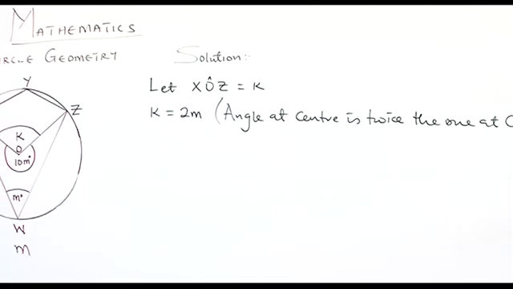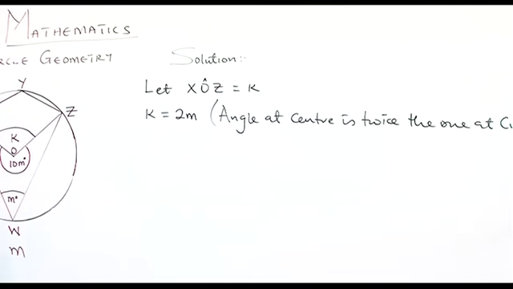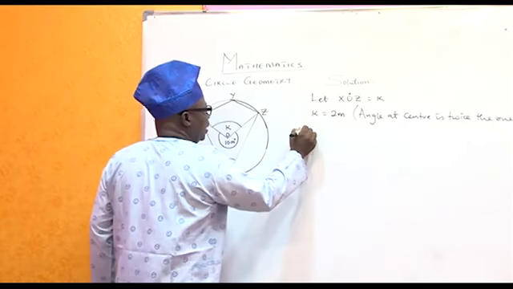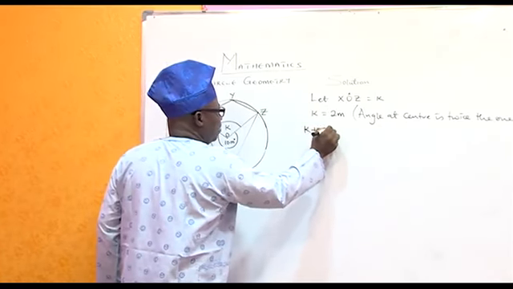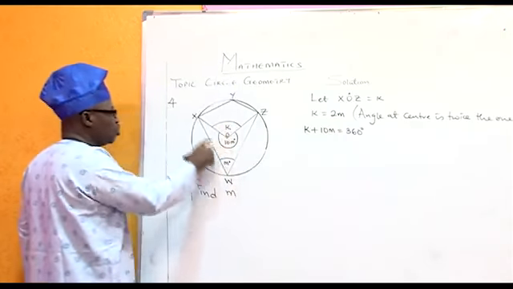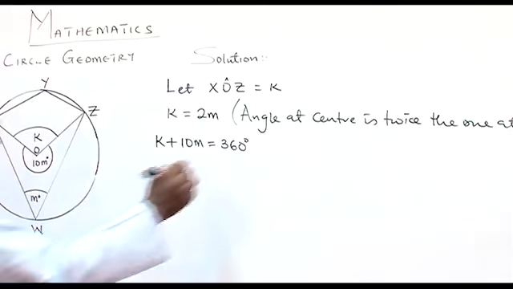So K is 2M. Now, there's a relationship between K and 10M. K plus 10M is going to be 360. That is sum of angles at a point.